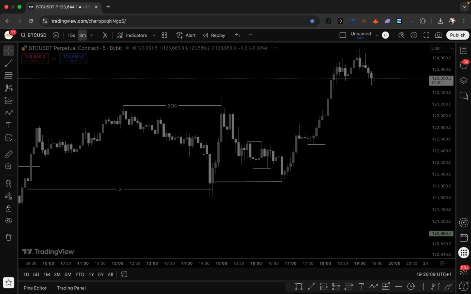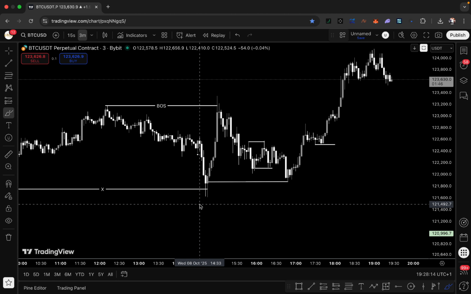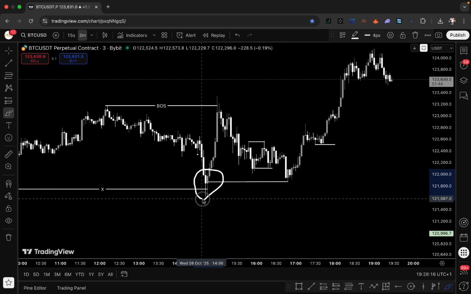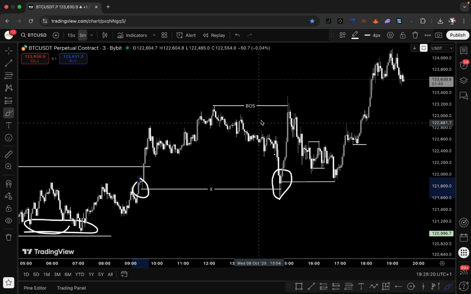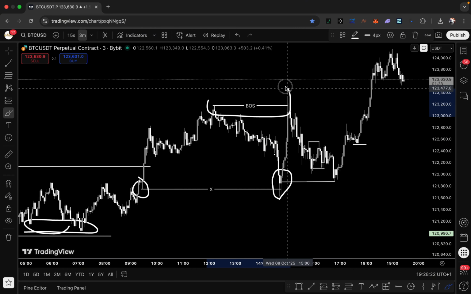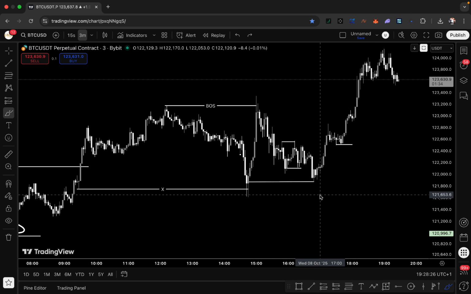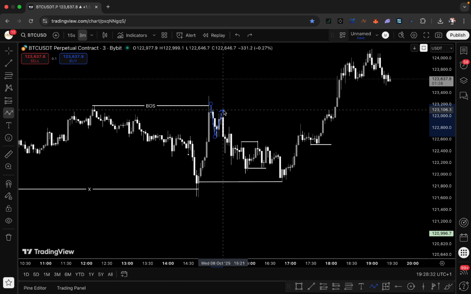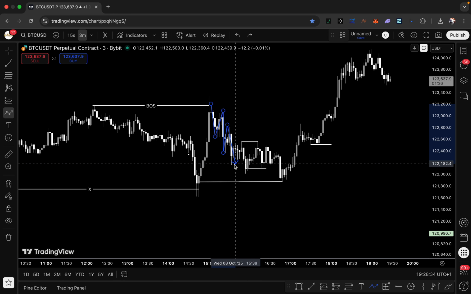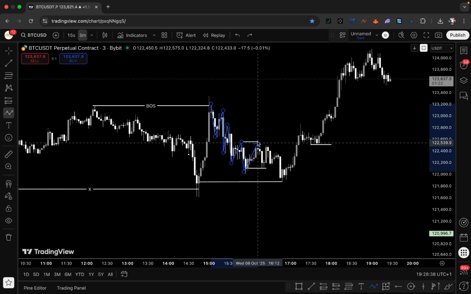Let's go down to 3 minutes. On 3 minutes, this is our POI, our order block that took out liquidity and broke structure. Now we don't have an inducement, we just have these ranging markets here. It kept ranging without breaking structure until it got here and broke this structure.